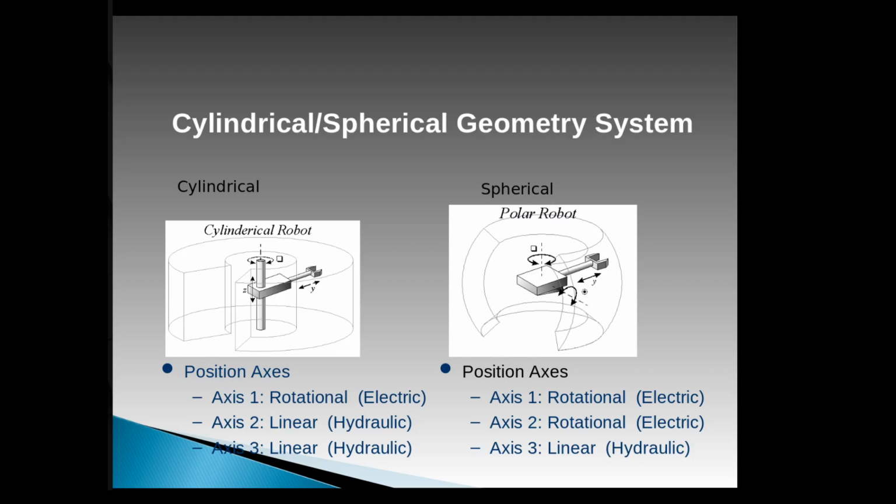All right, our next two geometries here are the cylindrical robot and the spherical robot. Okay, so starting with the cylindrical robot, we see that the first axis is rotational. So axis 1 is rotational, it rotates around, but axes 2 and 3 are linear, and so they map out this cylinder or cylindrical type of work envelope. Okay, so again, this geometry is all about what kind of work envelope that you get.